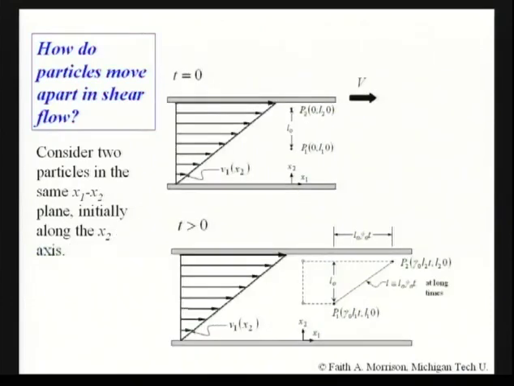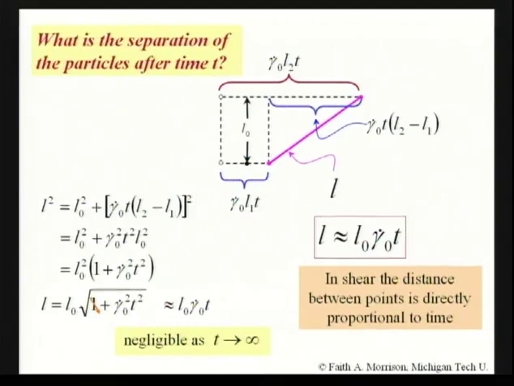But you can derive this final equation very simply from geometry for the distance that separates two particles that initially were separated by a distance L naught. So here they are initially separated by a distance L naught. And after some time t, they're separated by a distance L. And so if you double the time, you double the distance approximately at long times.